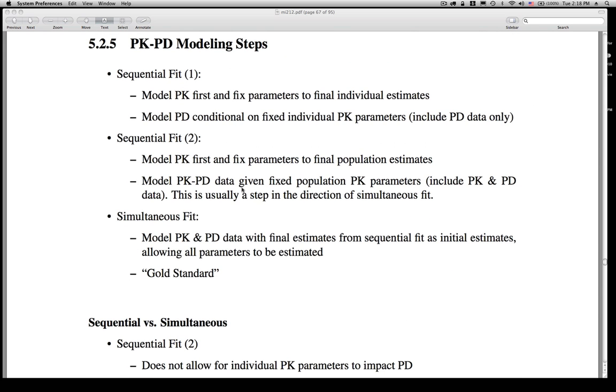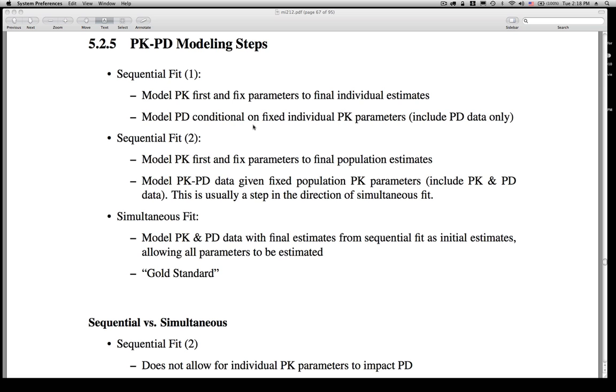Okay, well, there are some different strategies for modeling PK-PD. We're going to get into differences between sequential and simultaneous fits now, and I'll describe a few. There have been a few publications on this topic. But essentially, here are the common strategies that you might want to pursue. One that's pretty useful is a sequential fit, and I'll call it sequential fit 1, where you first model the pharmacokinetics in a population and fix the parameters to the final individual estimates of PK parameters.